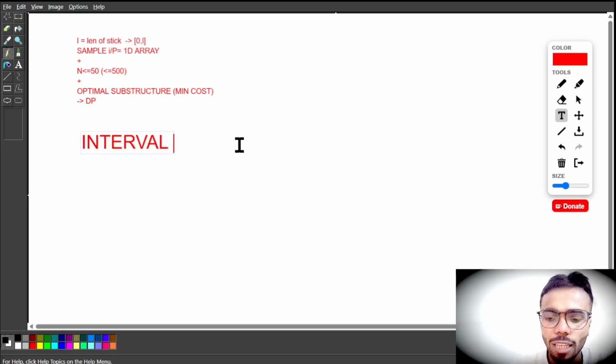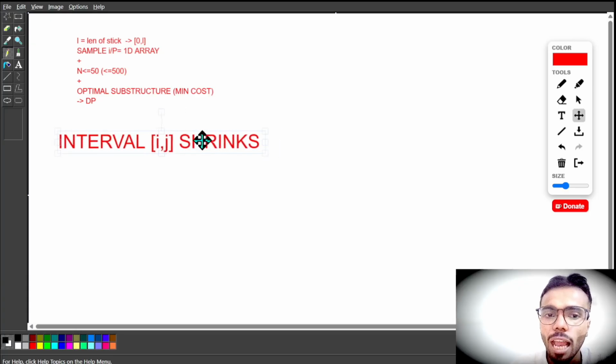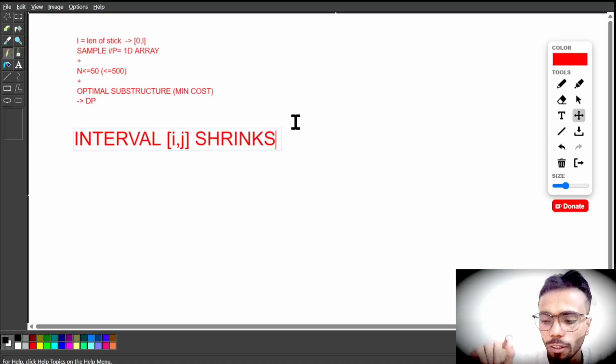So in general, I can say that the interval will shrink when we perform a cut, right? Yeah. And therefore, by seeing this, I can say that somewhere I need to utilize interval DP.